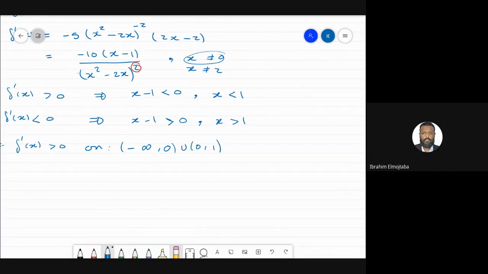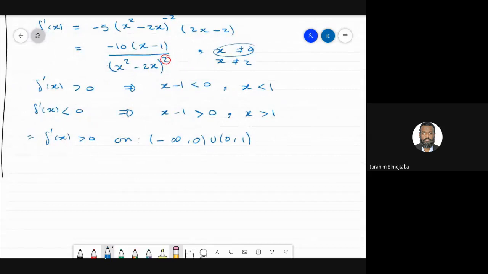يعني مفترض تكون from minus infinity to one مع بعض، لكن لأنه الصفر يقع في الفترة لازم نستبعده. ولما نجي نقول إنه f dash of x is less than zero في الفترة اللي هي الإكس الأكبر من واحد، معناه مفترض تكون من واحد إلى infinity، لكن من واحد إلى infinity يقع فيها الاثنين. فنفس الفكرة ما نقدر نكتب من واحد إلى infinity مرة واحدة، لازم نكتب من واحد إلى اثنين وبعدين من اثنين إلى infinity.